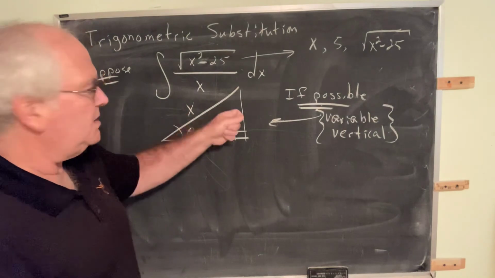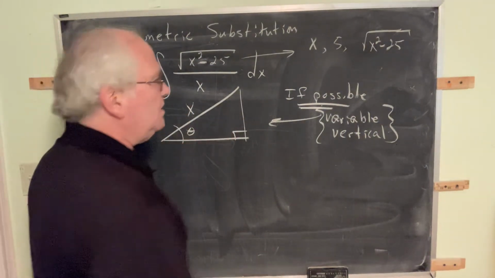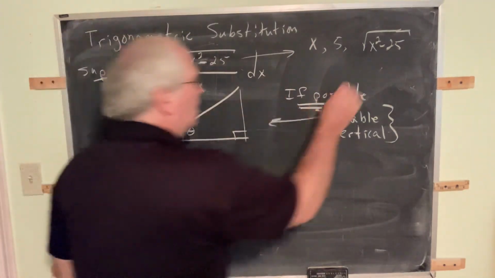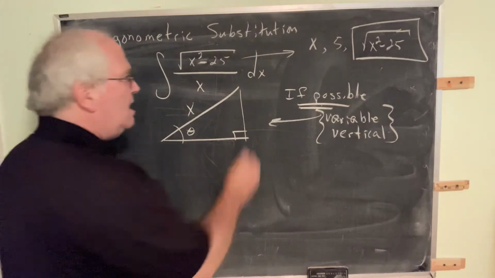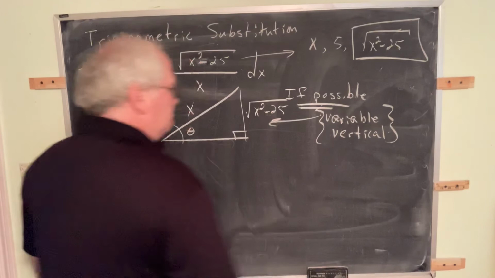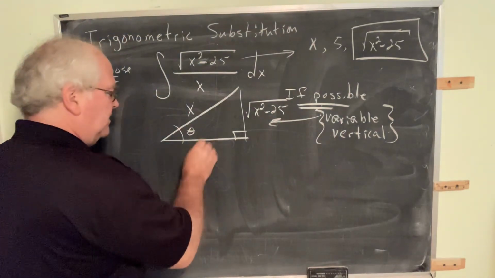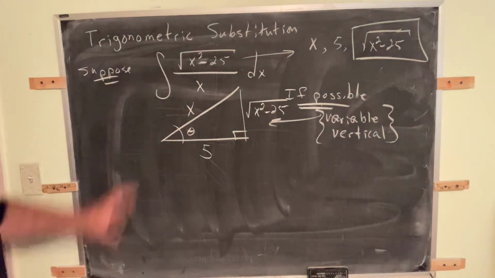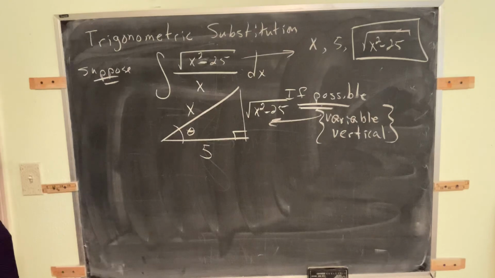If possible, use the variable for the vertical. Well, if the variable is already spoken for, then our rule is use as much of the variable as possible. So what's left over here? What's left over is the 5. And so we've labeled our triangle correctly, and we can go from there.